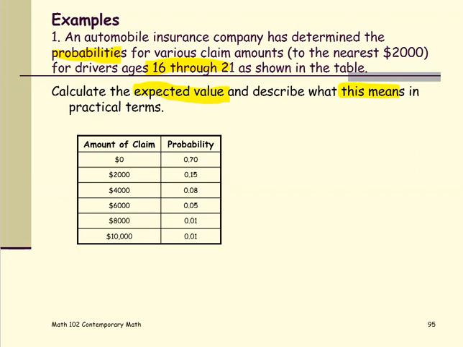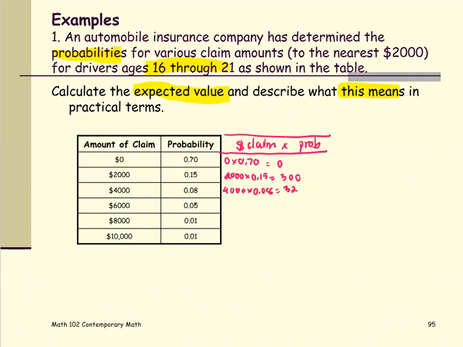First of all, to compute, we're going to create another column, which is the column of the product of the amount claimed and its probability. So we're going to multiply 0 and 0.7 to get 0, 2,000 and 0.15 to get 300, 4,000 and 0.08 to get 320.